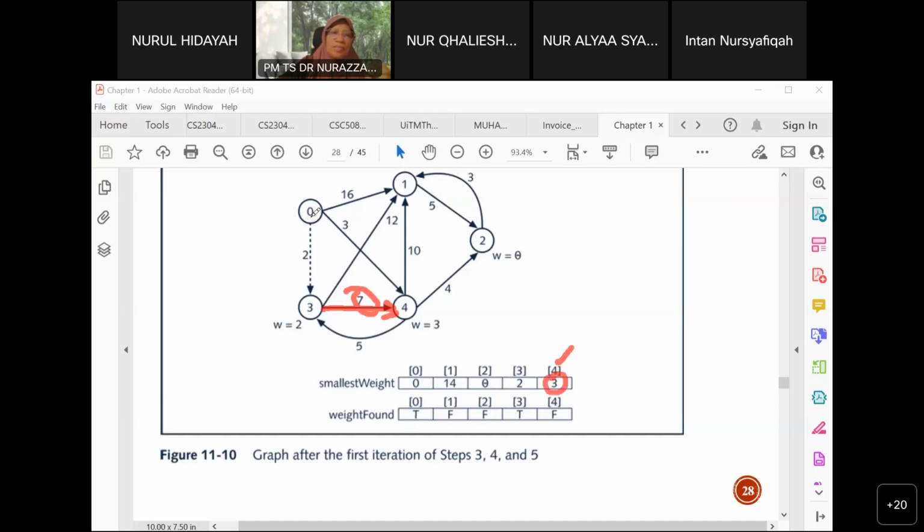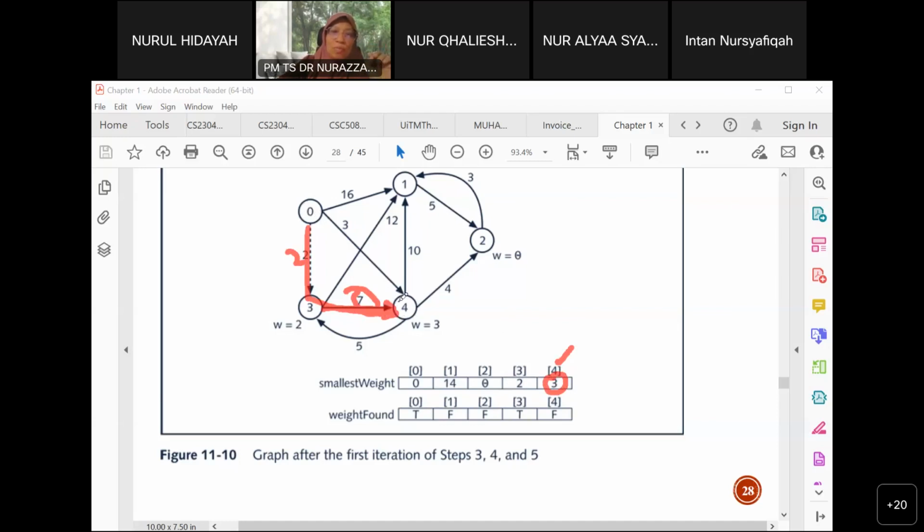Tetapi sekarang kalau saya pergi from 0 to 3 to 4, total dia ialah 2 ni tadi, 2 plus 7 is 9. So saya takkan select this path sebab 9 tu lebih besar kan. 3 is smaller than 9, so saya ignore lah. Saya takkan ambil path laluan tu untuk pergi ke 4.